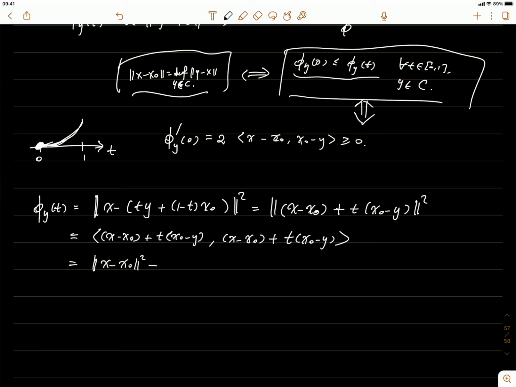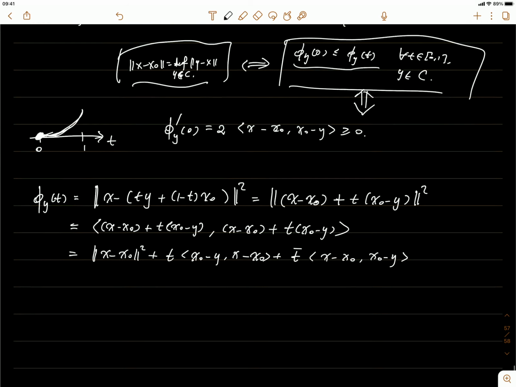And then I have the t times x naught minus y, and x minus x naught, and also have t times, not this t, but yeah, this will be the same t, but I have to take the conjugate of x naught minus y, sorry, x minus x naught, and then x naught minus y.